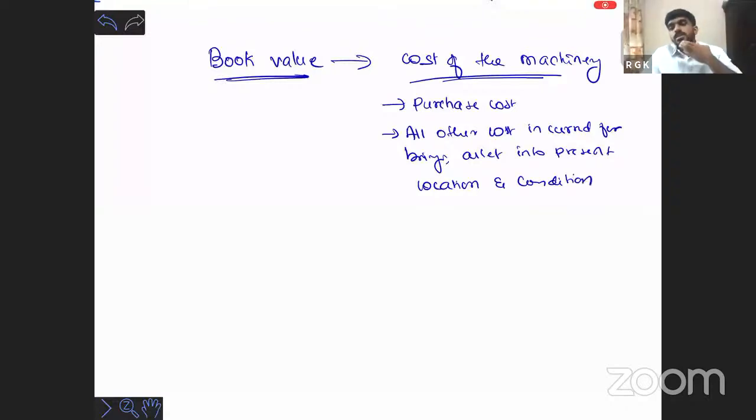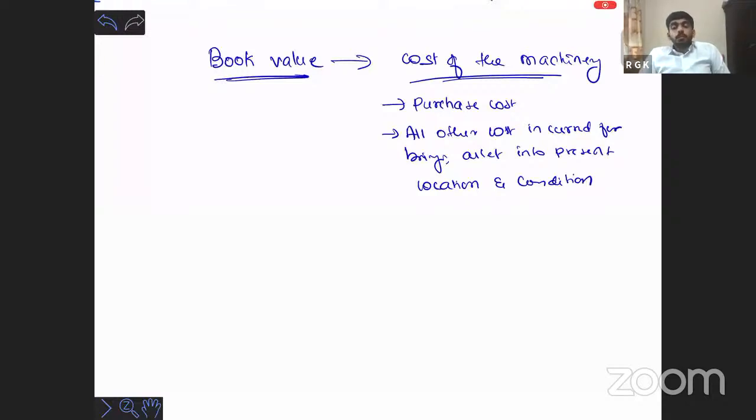Simple, one sentence. You can include transportation cost, installation cost, erection charges, and professional cost. Trial run, if it is done, even that cost can be included. If you run the machinery for trial purposes and incur any expenses, even that can be included in the cost of the machinery.